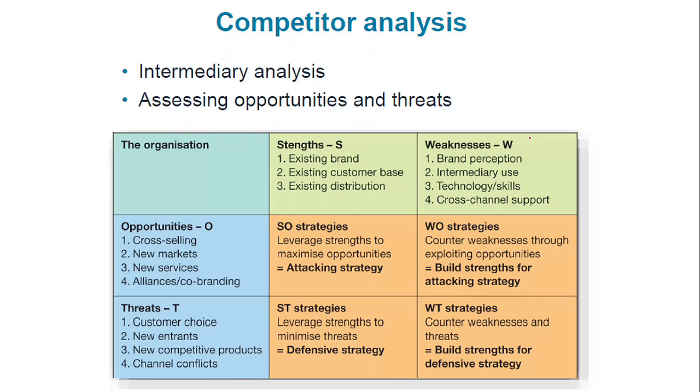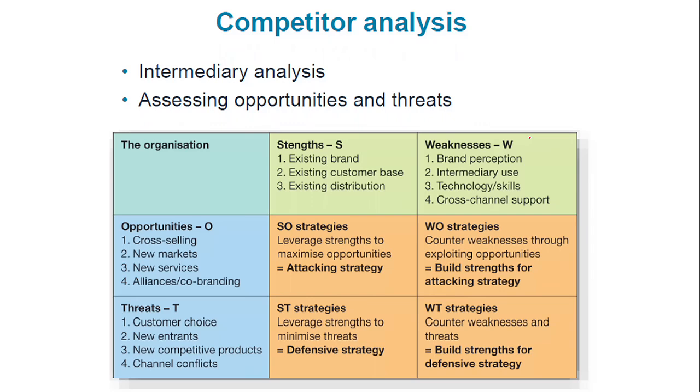Now, for you to have a good attacking strategy, you need to combine the strengths and the opportunities. So opportunities here could be cross-selling in different markets, checking new markets, new services, co-marketing strategies, right? So if you need to have a good attacking strategy against your competitor, then you need to balance between strengths and opportunities.